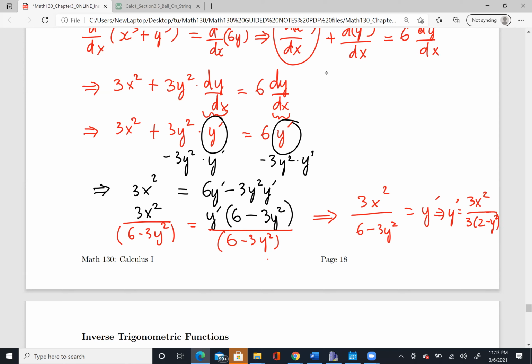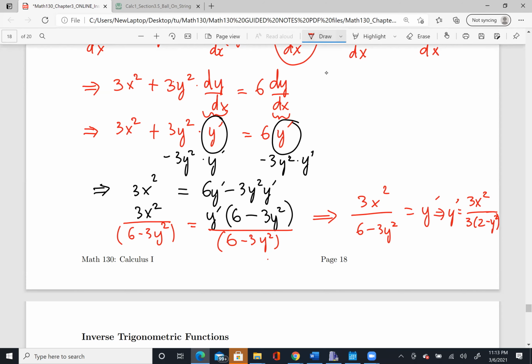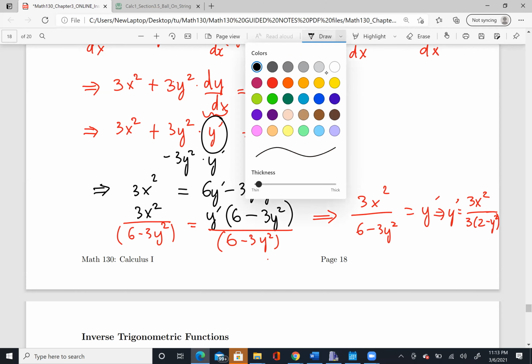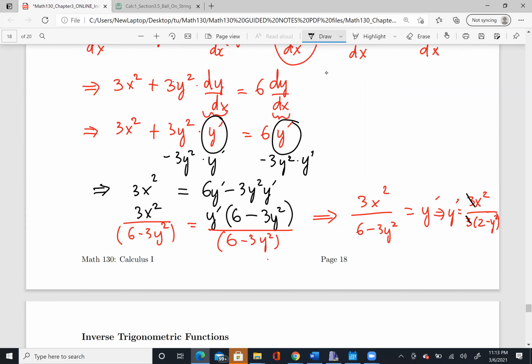And then now you can cancel out the 3 on the top, a common factor with the bottom. So now finally you have y prime is going to be x squared divided by 2 minus y squared. That's the answer.